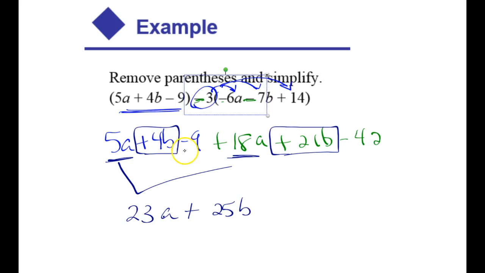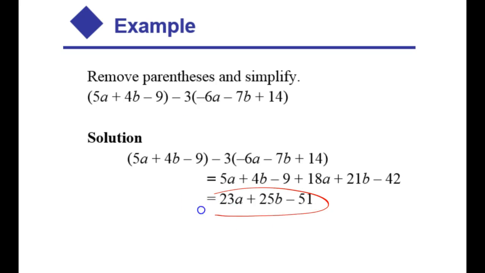And let's see, the negative 9 and the 42. So let's see, signs are alike. They're both negative. So I'm going to add 42 and 9 is 51. And then keep the sign, the common sign. So I'm going down 9 and then down 42 for a total of down 51.